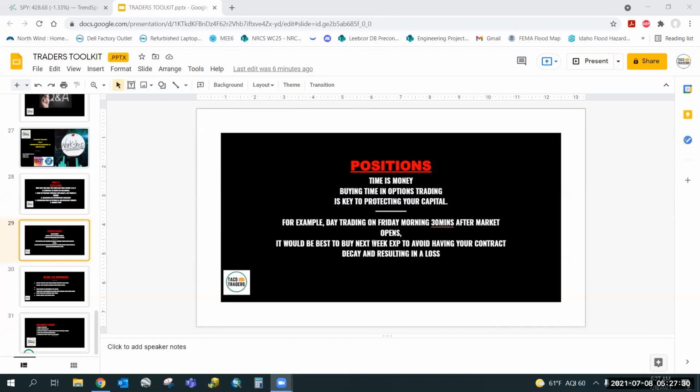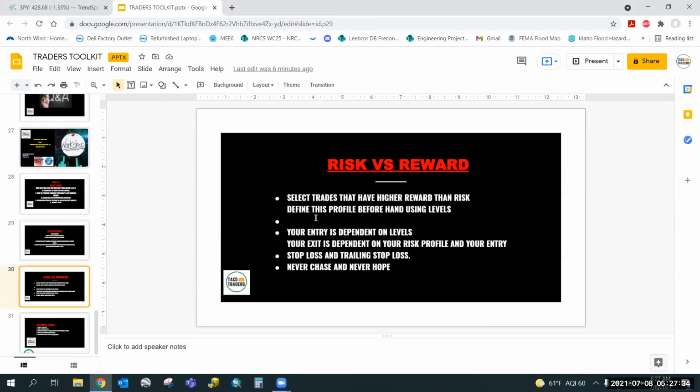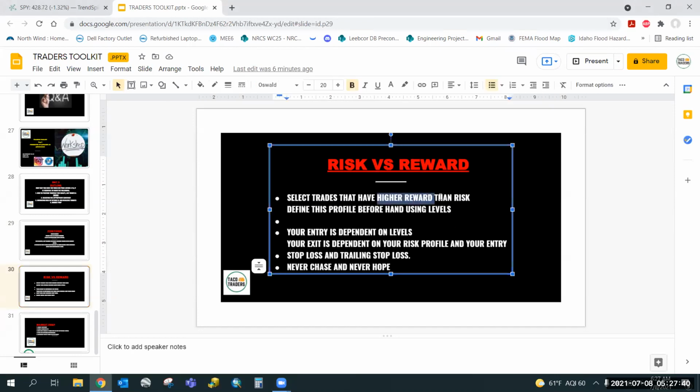All right, so risk and reward. You want to select trades that have higher reward than risk. Obviously, we all know that, right? It's all about probability in this game. And the way to define your risk versus reward profile is by using levels.